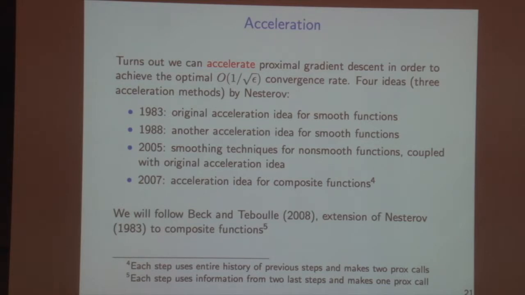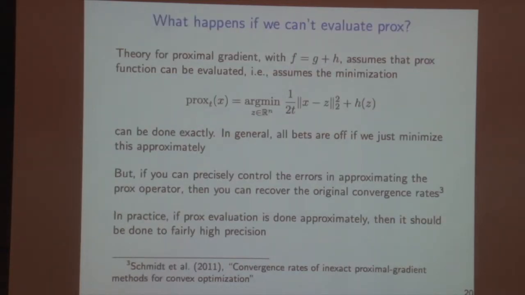Yeah, but why is this more sensitive than gradient descent? I mean, if I get an inexact gradient? Yeah, in a sense, it's not more sensitive, but the proximal operator could be very flat around its solution.